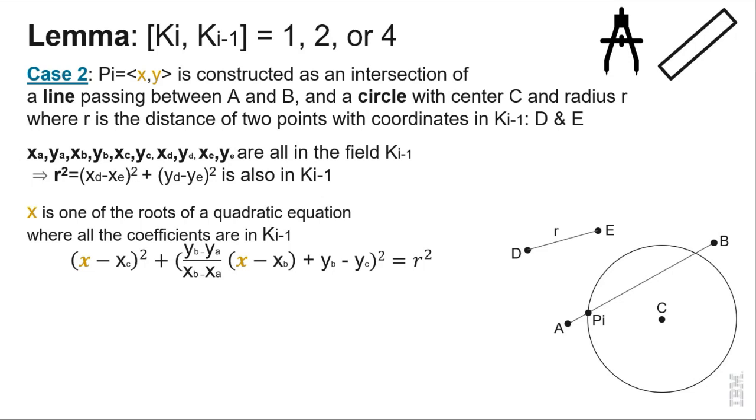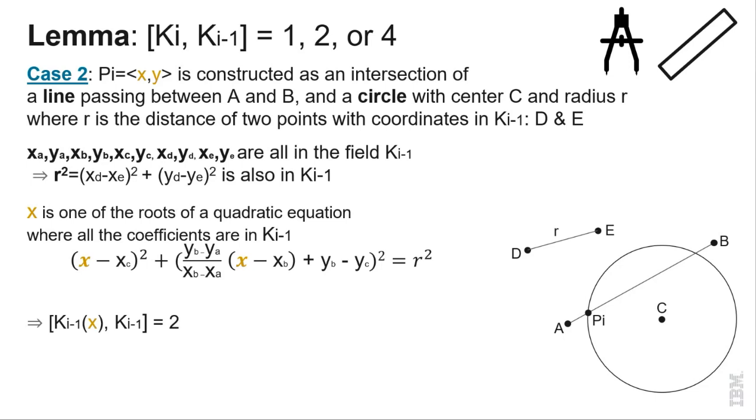So as far as we care, they are all just numbers. We already have them in K_{i-1}. You can compute all the coefficients just using the closure properties of K_{i-1}. They're all already in there. So basically, you can say that x is a solution to a quadratic equation where all the coefficients are already in the field.